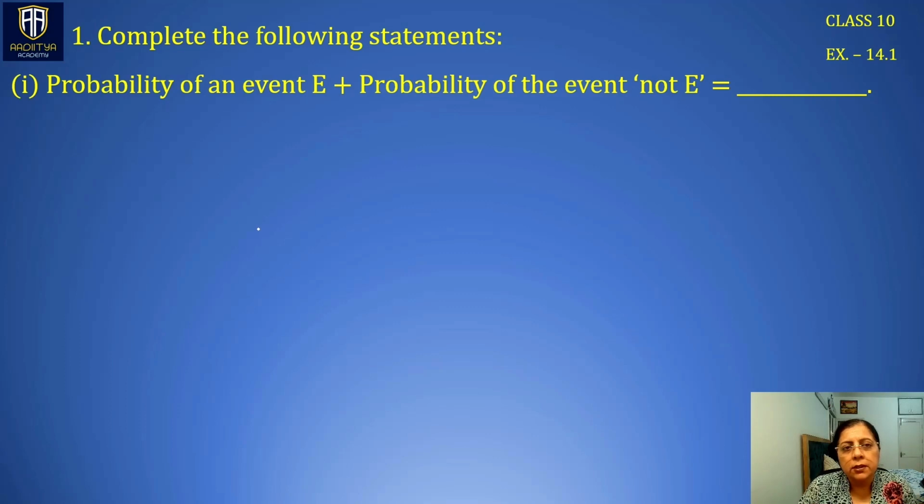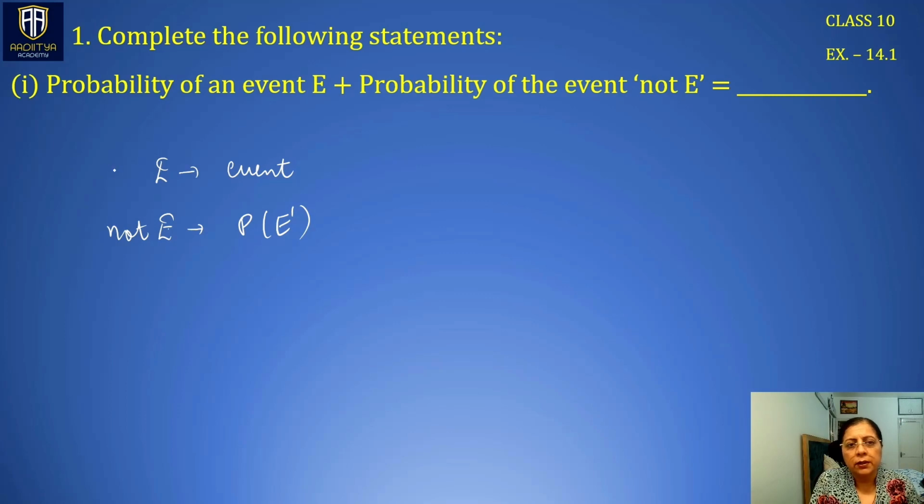The first question says the probability of an event E plus the probability of an event not E. In the previous video, we had learned that if we define E as an event, then not E is written as E dash.